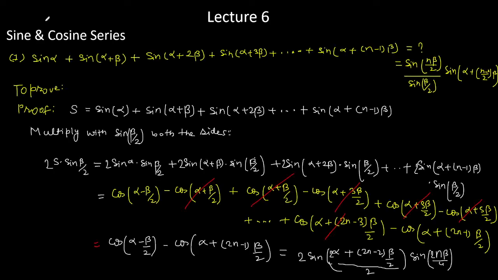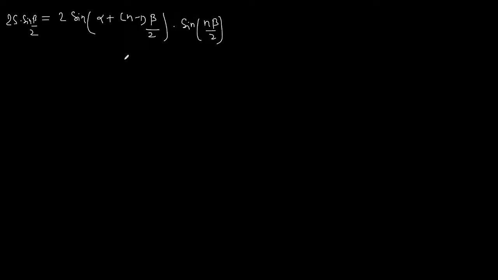Further going, we can say that it is nothing but 2S sine beta by 2 is 2 sine alpha plus n minus 1 beta by 2 into sine n beta by 2.